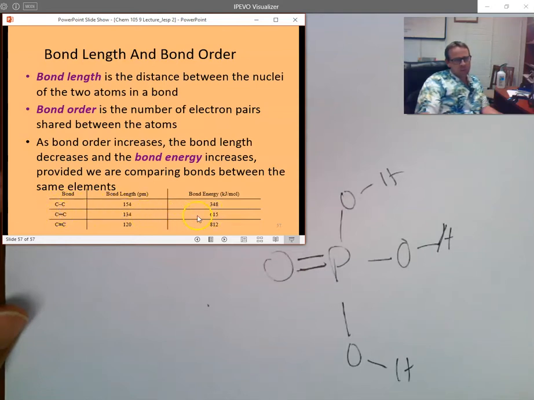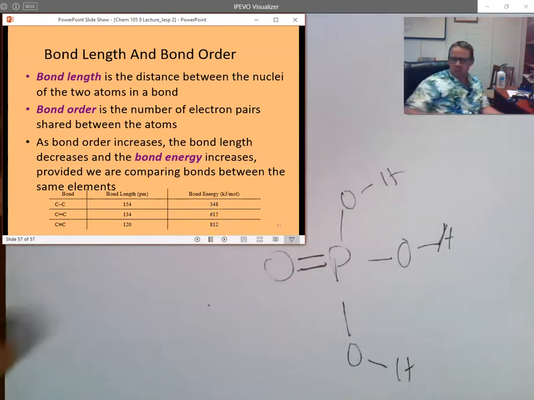A double bond requires 615 kilojoules to break a mole of them, as opposed to a single bond requiring 348 kilojoules to make a mole of those bonds. All right? And a triple bond requires even more energy to break. And, you know, we already talked about this.